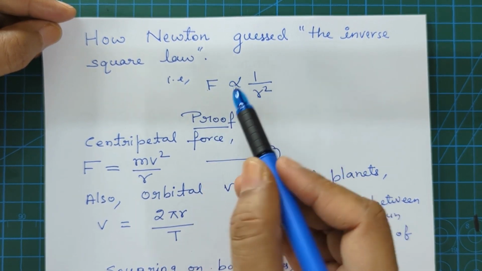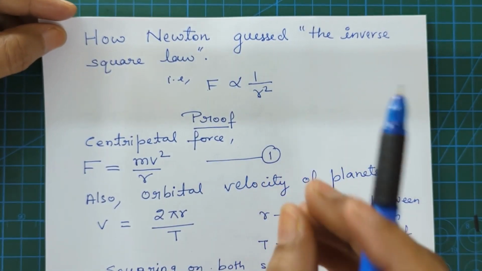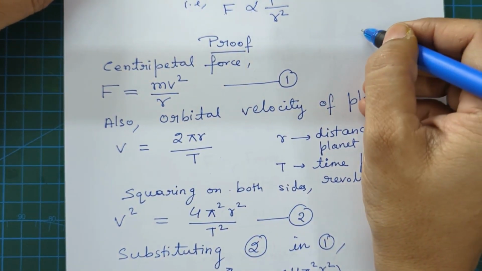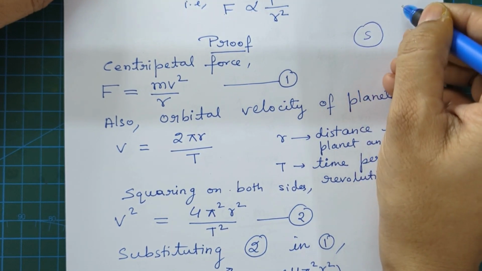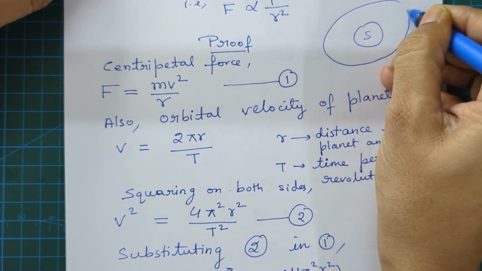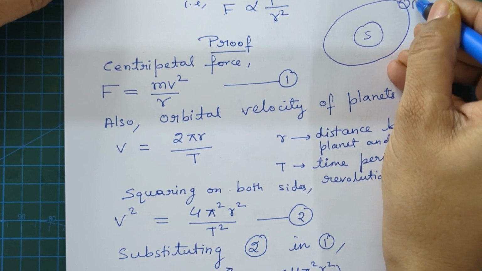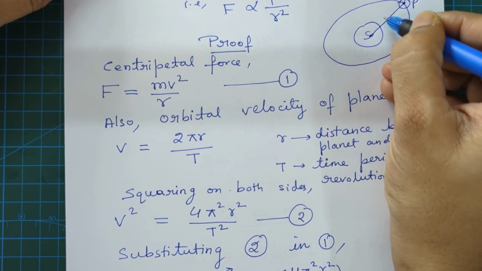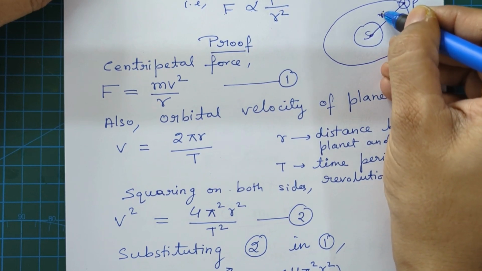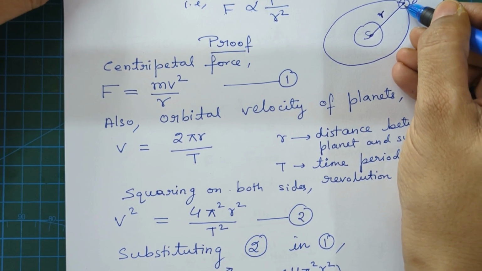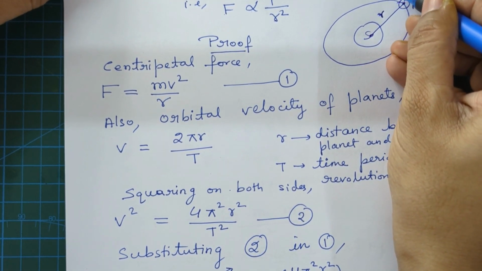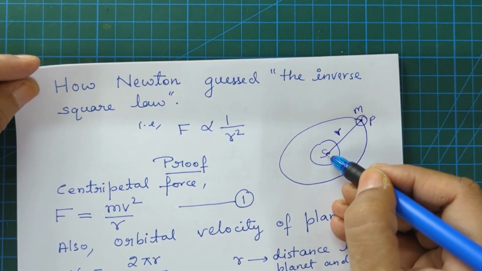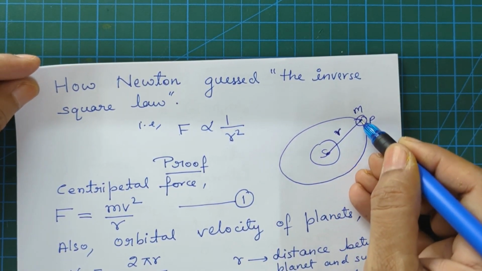And how did Newton guess this? For that, there is a small proof that we have to see. The planets revolve around the sun. So this is the planet. The distance between the planet and the sun is r. Say for example, r is the distance between the sun and the planet, and m is the mass of the planet.